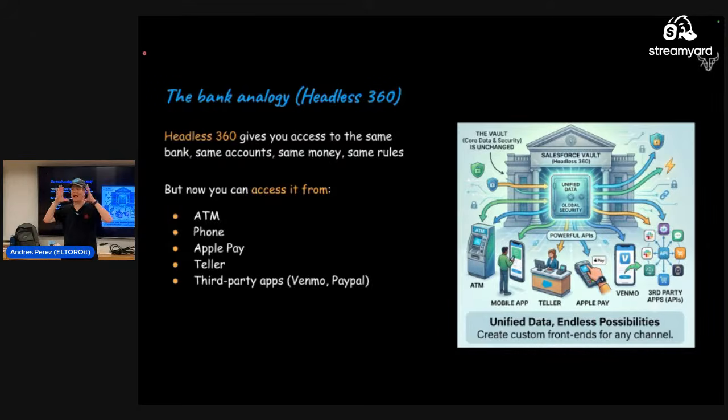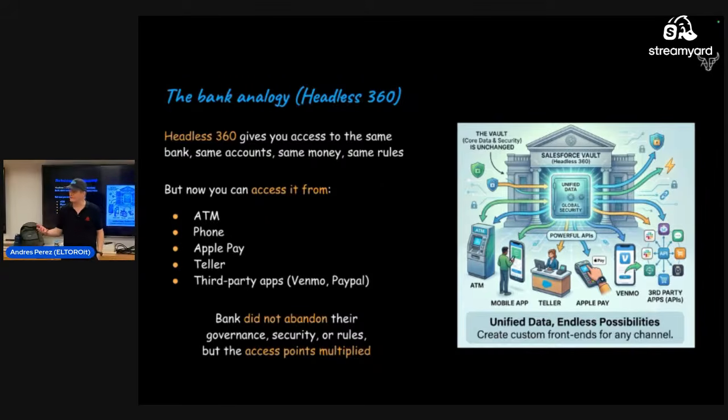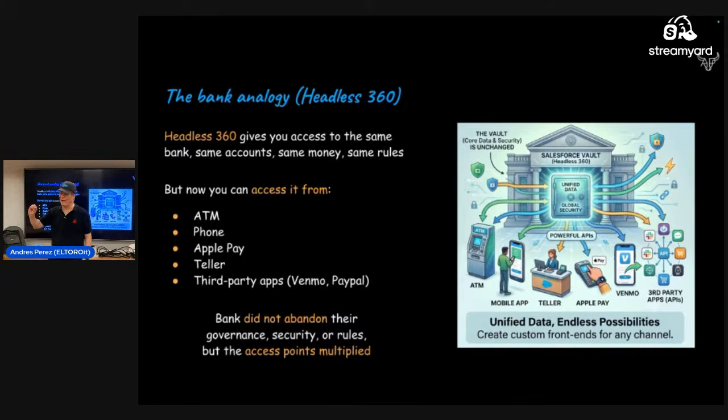They change the head, but the body still remains. And the security of having my money in a bank is still there, but with a different UI. Is what I'm trying to get? Okay. So the bank did not abandon their governance, their security, their rules. It just gave you different ways to access that. And that's what Headless 360 does for you.